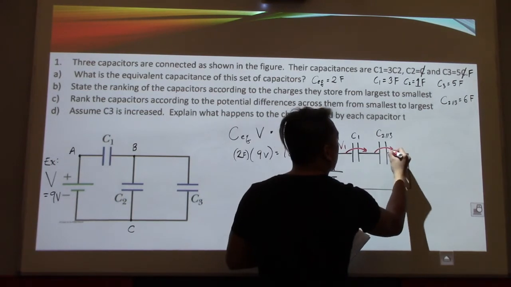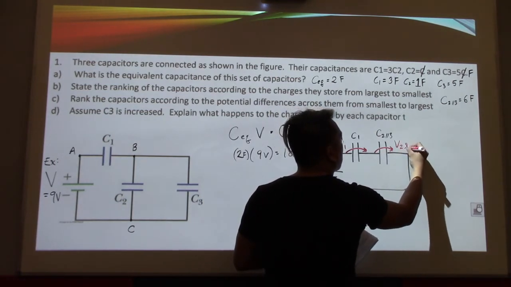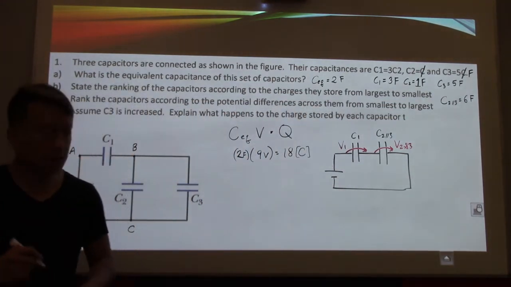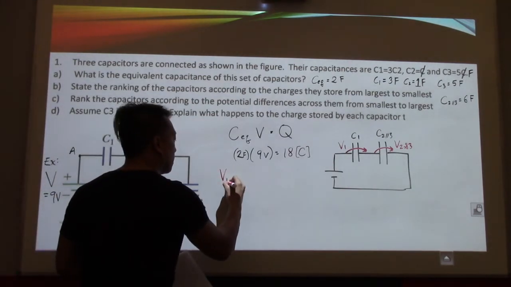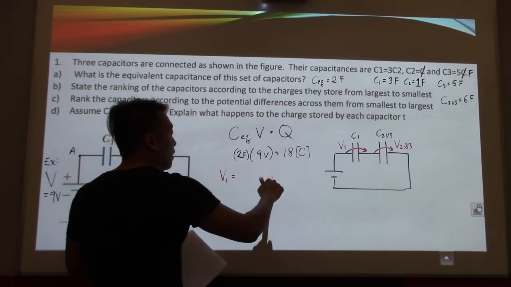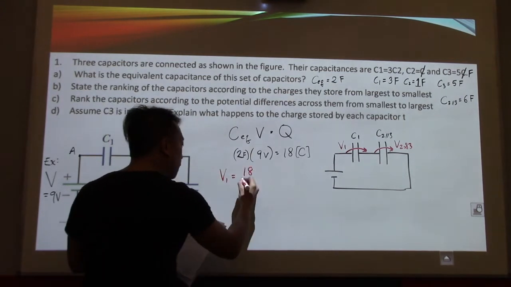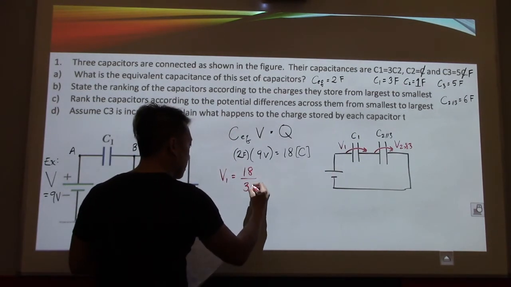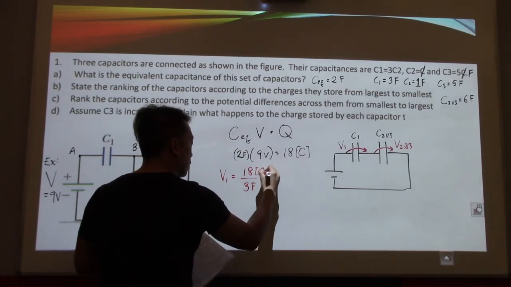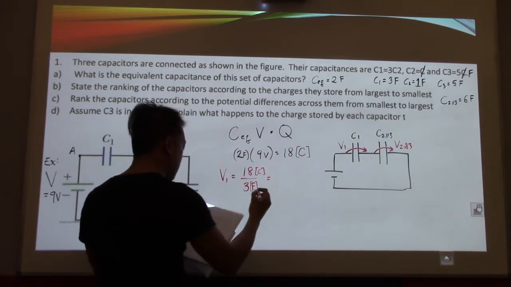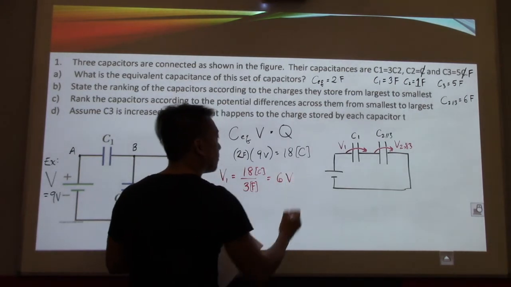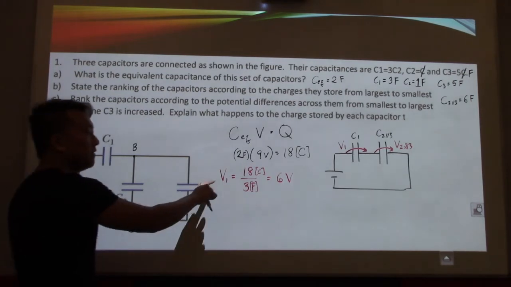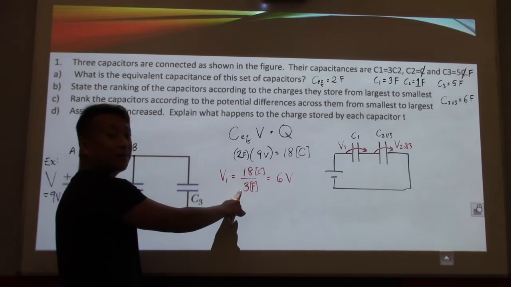Let's call this the voltage across this, V2 and 3, okay? So that's going to be the voltage across: 18 over the capacitor, which is going to be 3. 18 coulombs over 3 farads, which is 6 volts. So the voltage across V1 is 6 volts. And we get a nice number there, because V equals Q over C. Okay, so that's the first one.